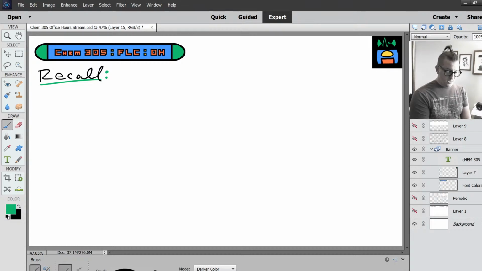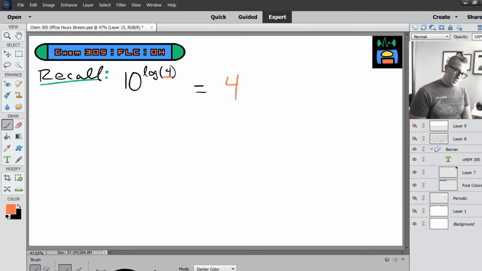If you write the expression 10 to the power of log 4, the answer will be whatever is inside the argument. 10 to the power of log 4 equals 4.